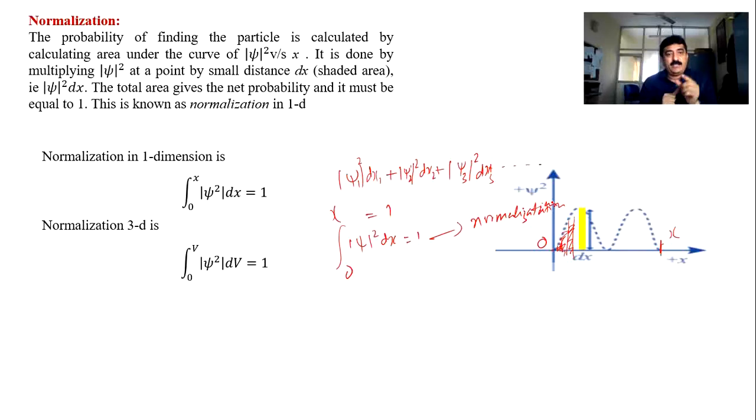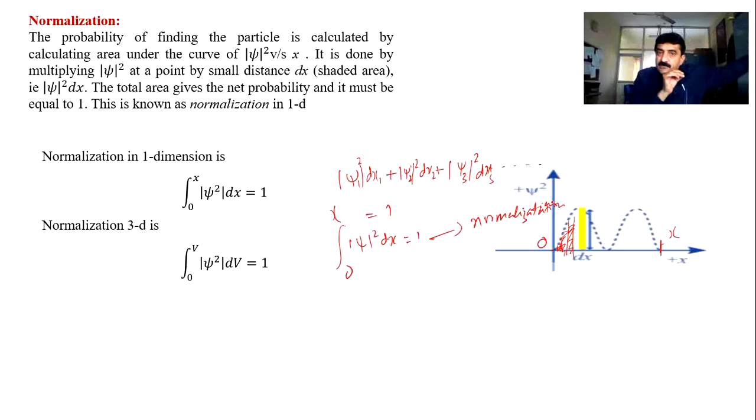And one more thing, the lower limit is definite, the upper limit is definite: 0 to x, 0 to s, 0 to v. Suppose the lower limit is infinite and the upper limit is also infinite, then it is called normalization for a free particle. The particle is not starting from here and going up to here, it is starting from somewhere else and going to somewhere else.